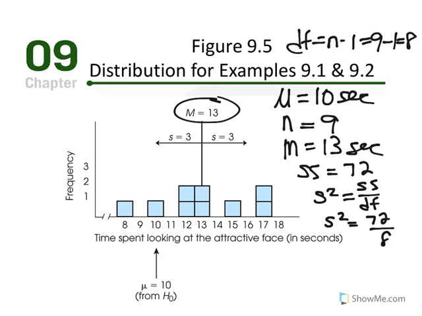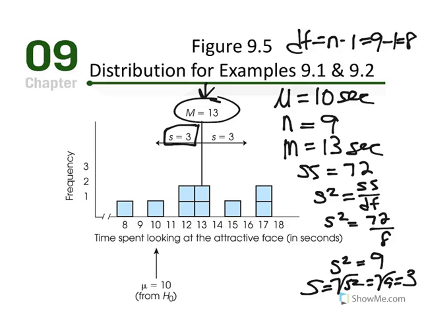So 72 divided by 8, our variance is equal to 9. Therefore, the standard deviation is the square root of our variance. The square root of 9 is equal to 3. And that's what's illustrated here. We've set the mean in the center, and the standard deviation is equal to 3 points.